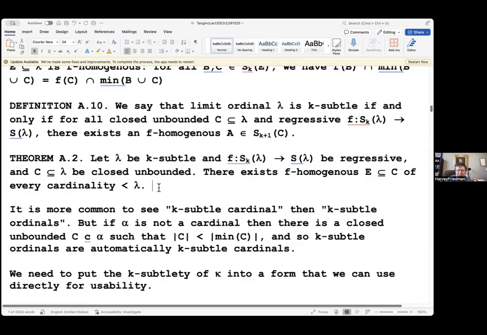Actually, I only use this in this work to get an infinite F homogeneous set. I don't need it so big, as it turns out.